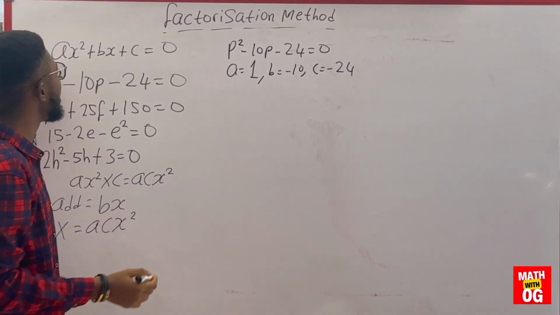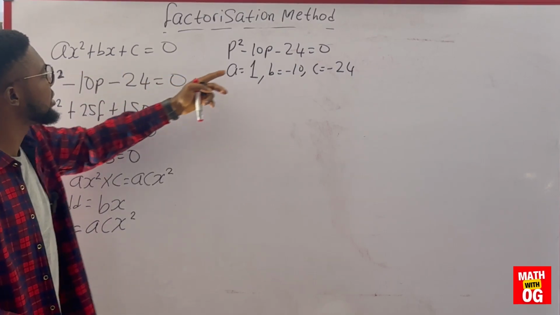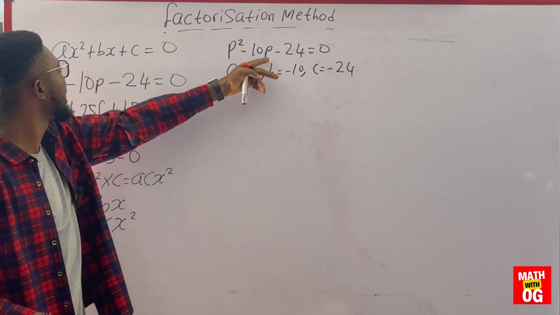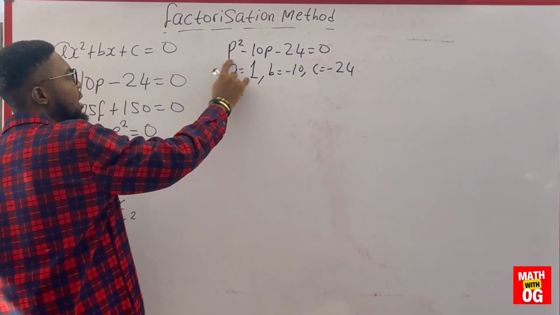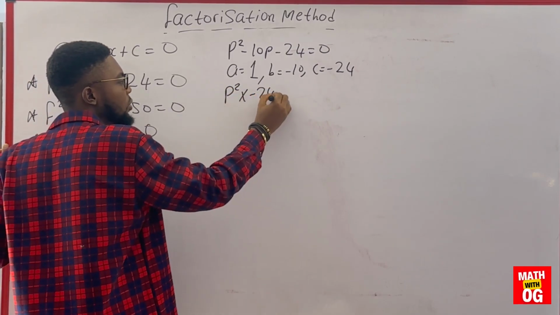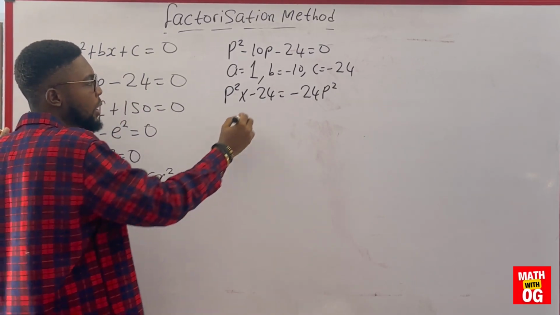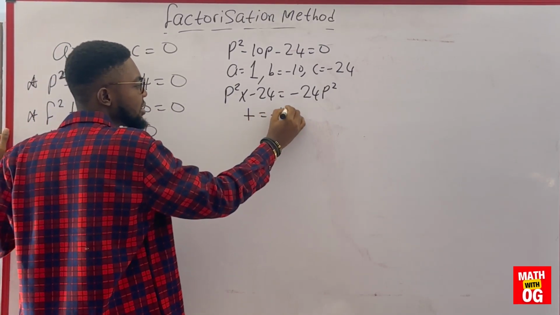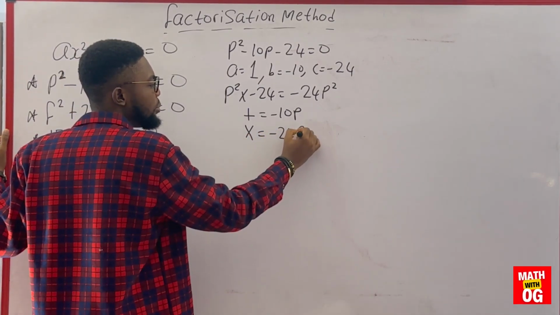So we are multiplying ap squared by minus 24. p squared multiplied by minus 24 will give us minus 24p squared. So we'll be looking for two numbers that when you add up, give you minus 10p, but when you multiply them, give you minus 24p squared.